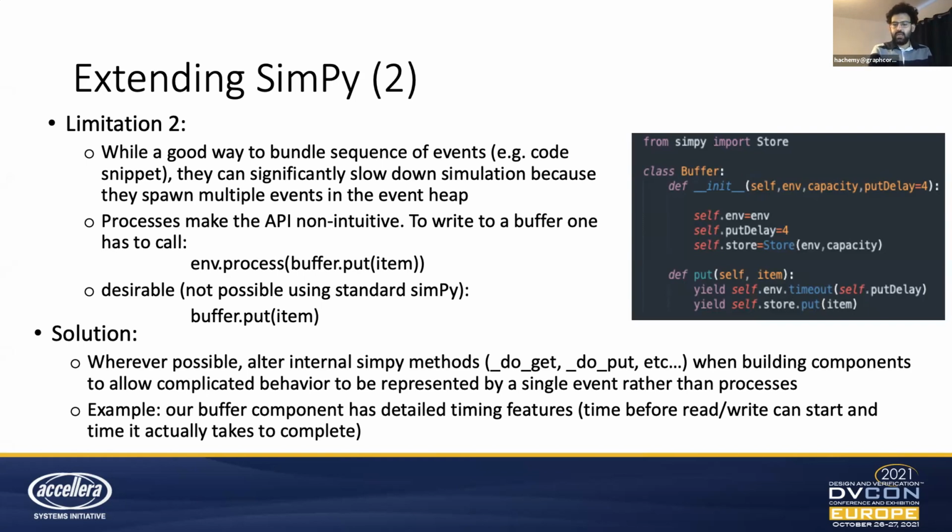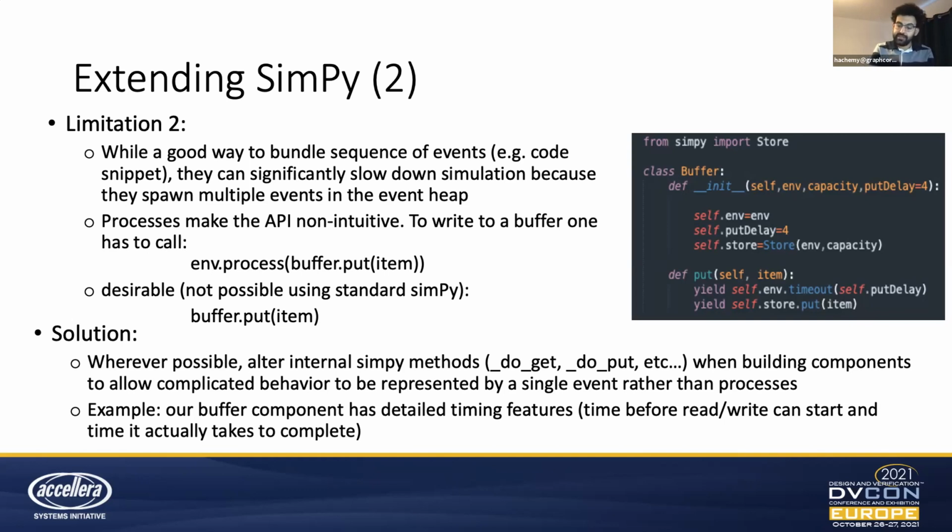So we went to the trouble of changing internal SimPy elements, such as the doGet and doPut methods of the SimPy resource class, in order to embed some timing features and to support complex events. For example, our buffer component has comprehensive timing features like the time before read and write can proceed, and the time needed for the read and write to actually complete.